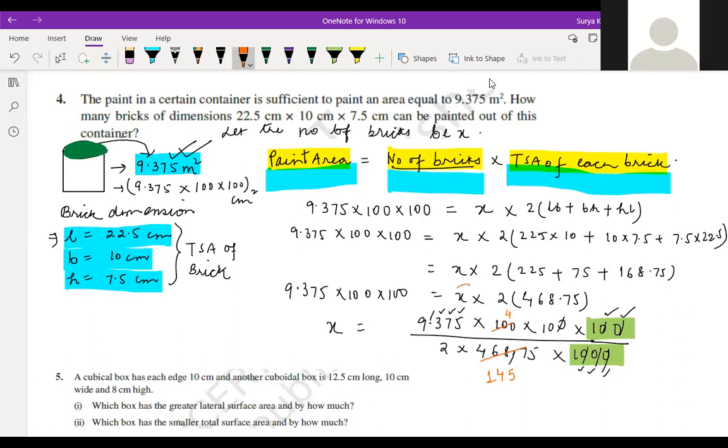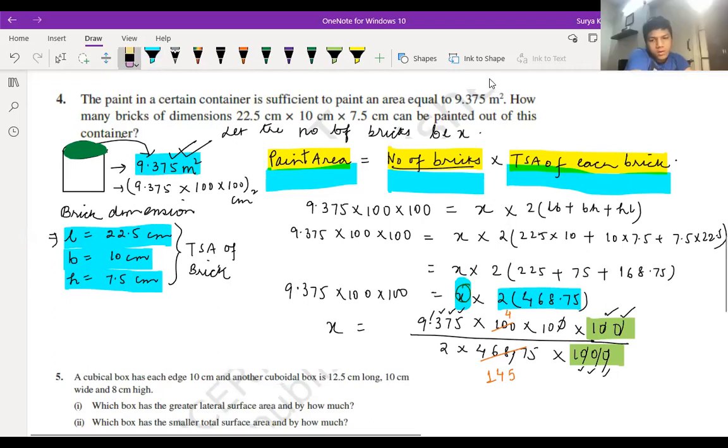Here x is there, no? So you should send this only to the denominator, no man. Sai Charan, here x is there. So you should send this only that side now. Yes, sir, I got 100. Yeah, you should get 100. You got 100? Yes, sir. What is the answer there? Check once.